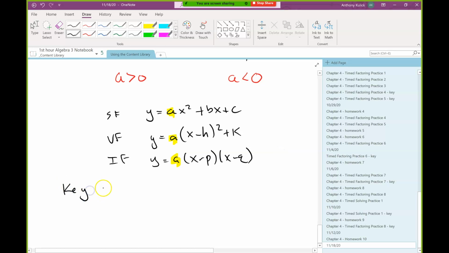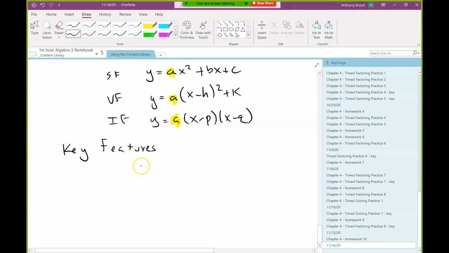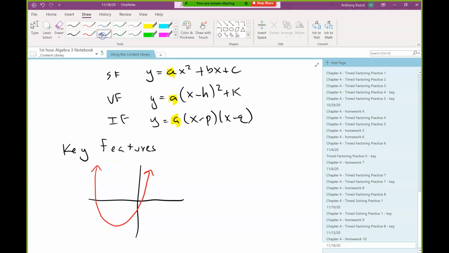So when we talk about parabolas, there's a few key features that we're going to be interested in. So let's say we have the parabola here.